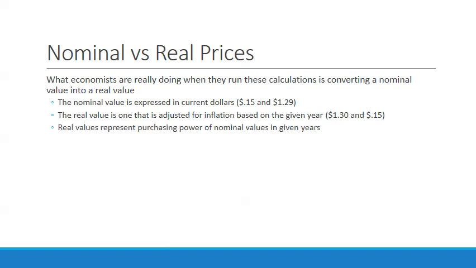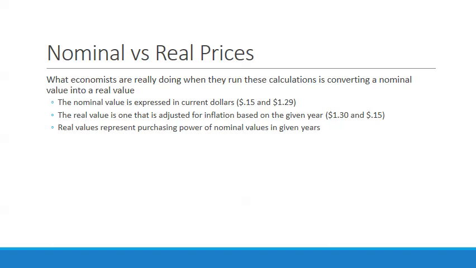So real values represent the purchasing power of nominal values in given years. And that's really what we're trying to say: how much value does that amount hold? What will 15 cents get you? What will $1.30 get you at a given time? Well, 15 cents in 2015 dollars won't get you anything, more or less.